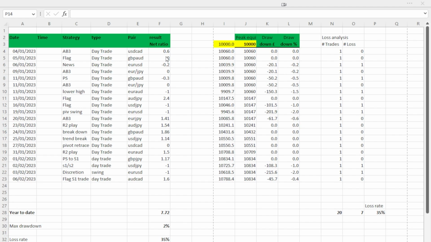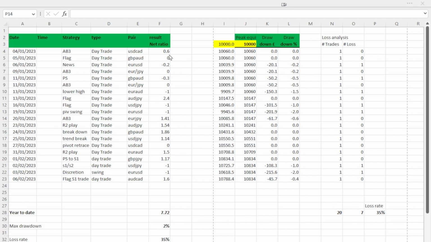And then your net ratio, your result, is literally, as I said, a ratio. So if you risked 1% and you made 1.2, which, this one was actually a risk of 0.5%. The first week back, I was just trading light. The markets looked a bit ugly. There were a few occasions where there were opportunities, but I decided to risk only 0.5%.